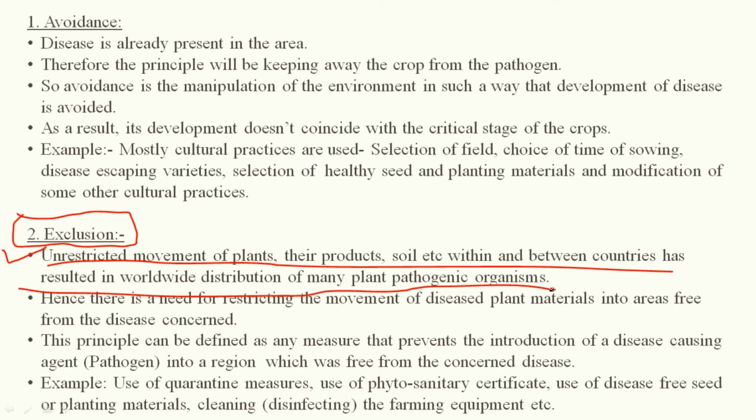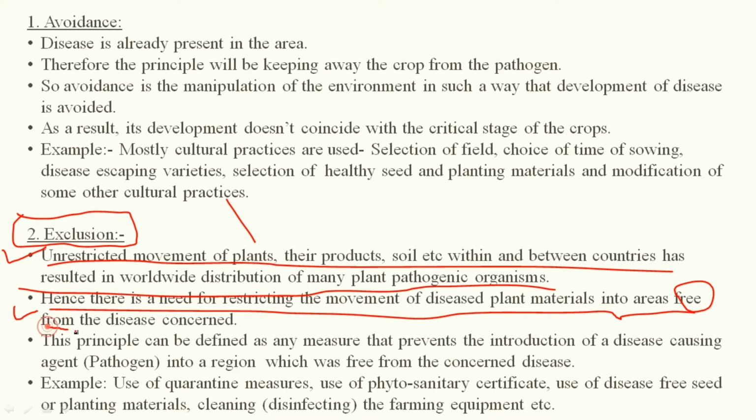This is the problem for which the exclusion principle was developed. So what need came after that? Hence there is a need for restricting the movement of diseased plant materials into areas which are free from the disease concerned. Suppose disease A is not there in Odisha, it should always remain free. It should not come from any other places.